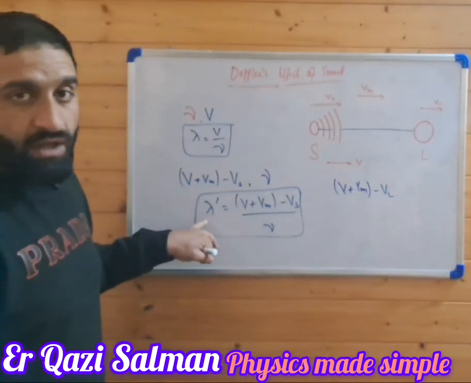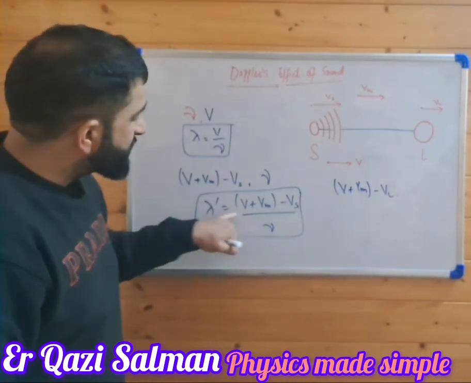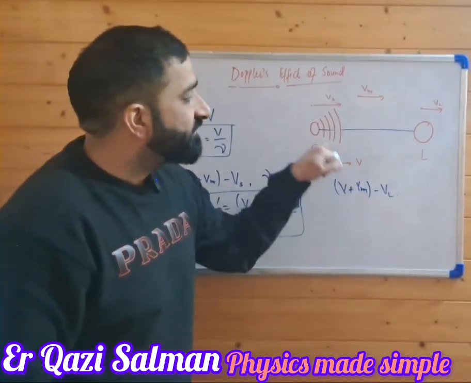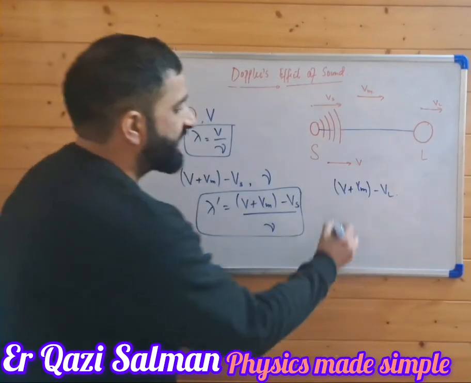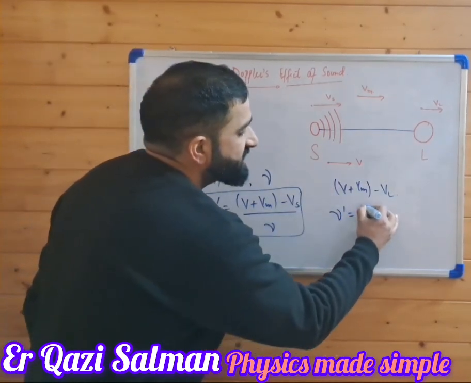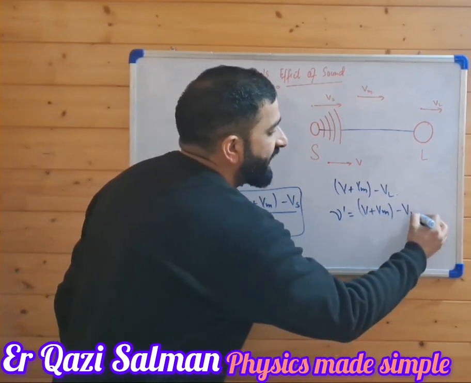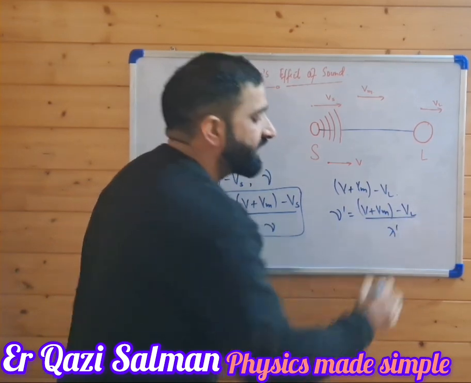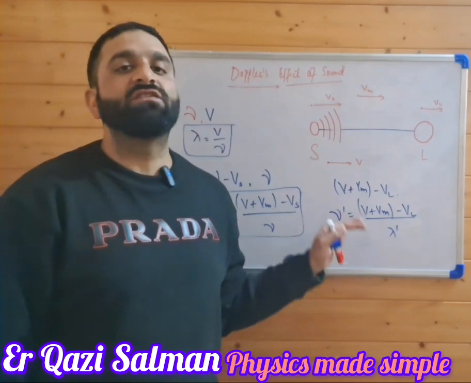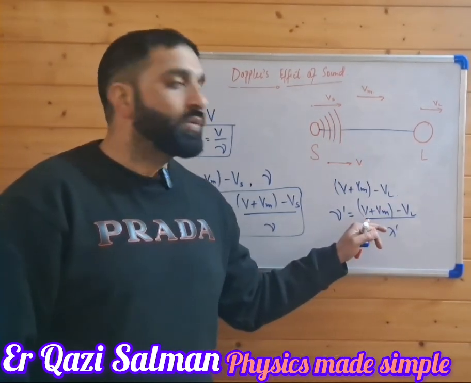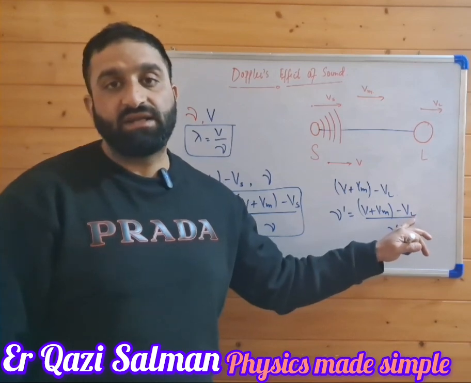As lambda dash, the apparent wavelength, is equal to v plus vm minus vs divided by nu, the frequency heard by the listener, nu dash, is equal to v plus vm minus vl divided by lambda dash. That means the apparent frequency is equal to the relative velocity of sound and the listener divided by the apparent wavelength lambda dash.